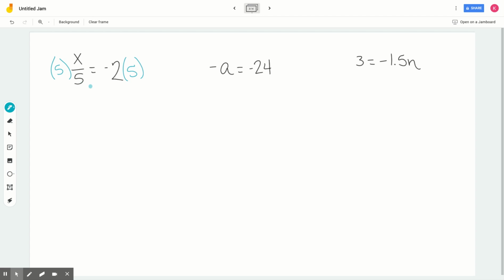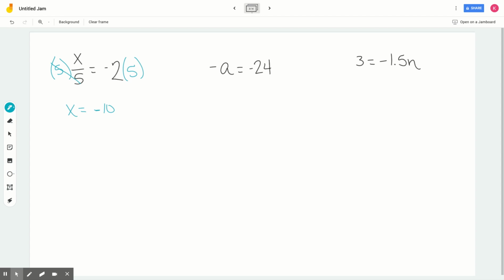So when we multiply and divide by 5, they cancel out. That's why we use those inverse operations. So on the left-hand side, we're left with x. -2 times 5. Negative times a positive is a negative, and 2 times 5 is 10. So x is equal to -10.